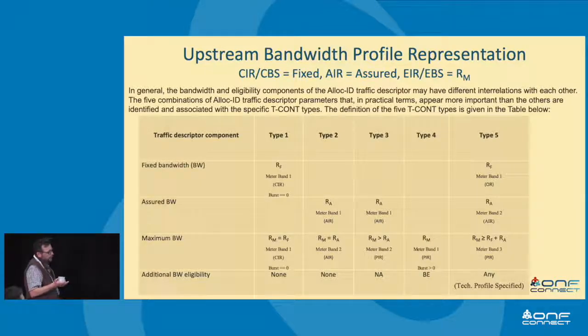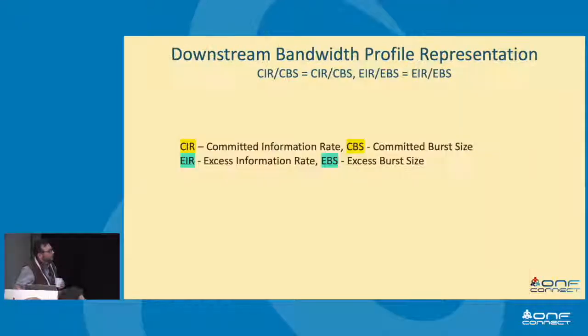For type 3, I can define the non-assured bandwidth as the additional type of bandwidth. Type 4 is best effort. And type 5, I can specify any type I want. So the technology profile in case of type 5 allows me to say, I need this to be best effort. And downstream, it's kind of DiffServ type flow. So I have a CIR, CBS, EIR, EBS type service.